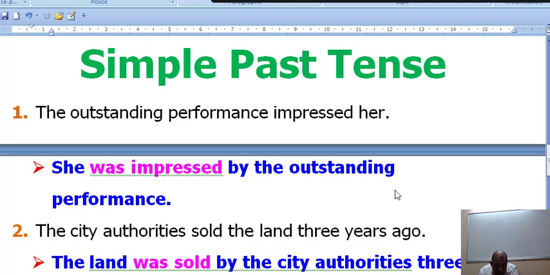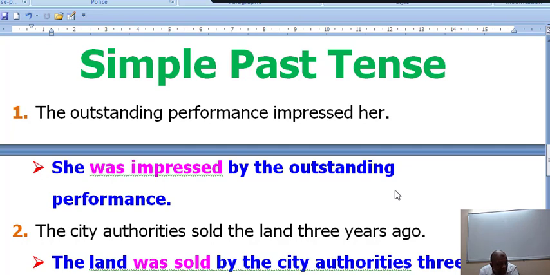She was, because both of them should agree concerning the singular form. She was impressed. This is the past participle, it does not change. By the way, for any verb that ends with ed, the past participle remains the same. And then we add by the outstanding performance.